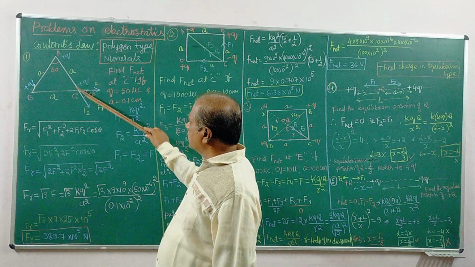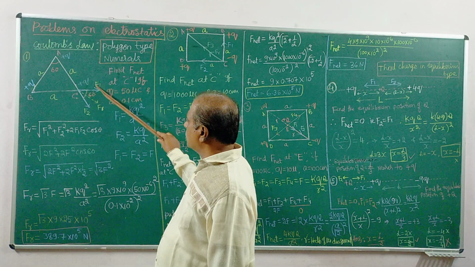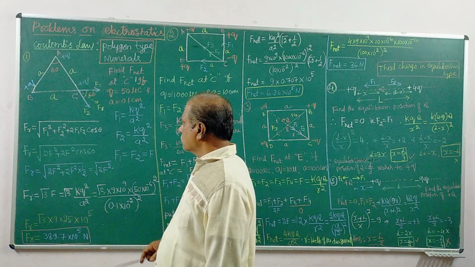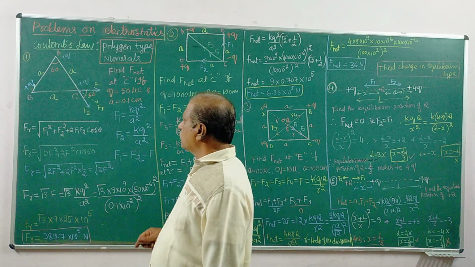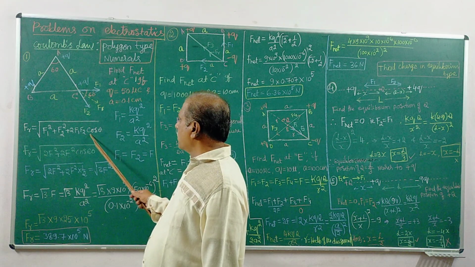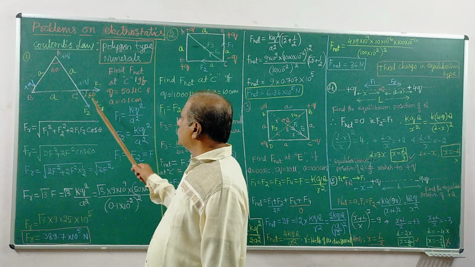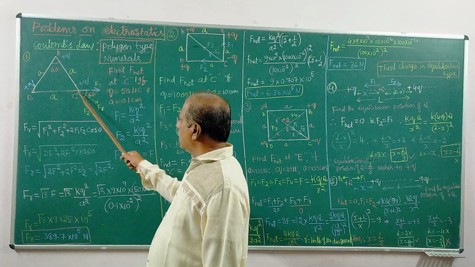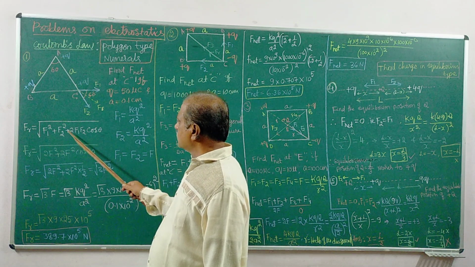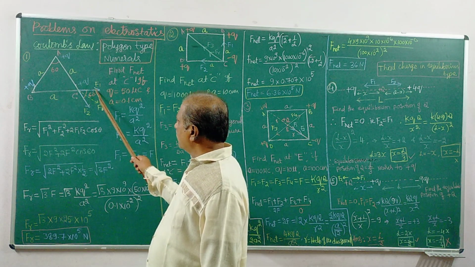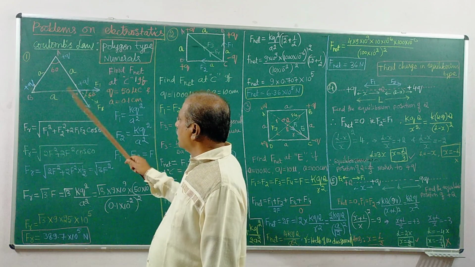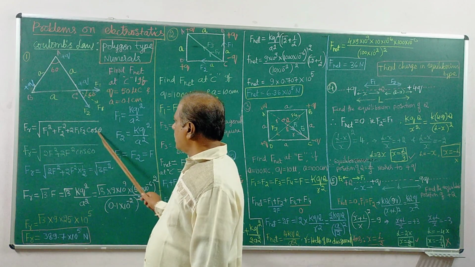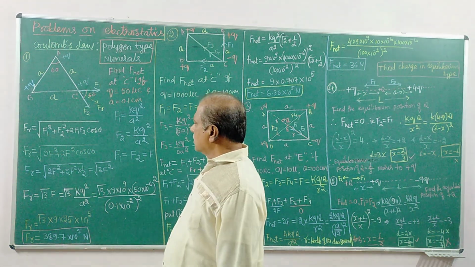The net force at this point is the vector sum of these two forces. For this kind of vectors, which differ by some angle, we use this formula, as already used in the previous class.